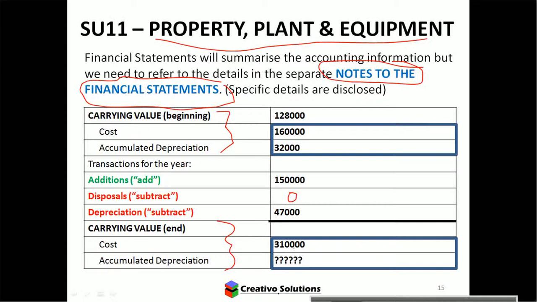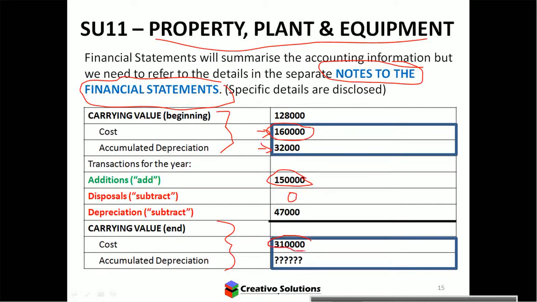And then I've got some missing figures to find out. So this business has 128,000 starting, which is made up of cost price of 160 and accumulated of 32. Did I buy more equipment or machinery or plant during the year? Yes. So that gave me 150. So 150 plus 160 is how much?